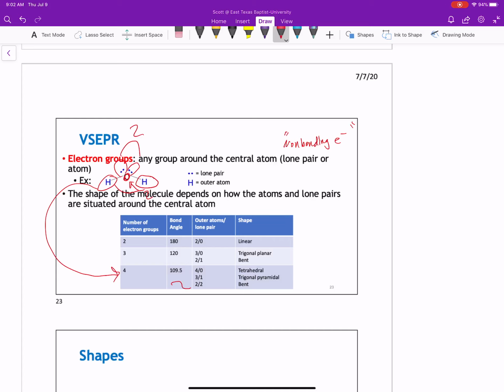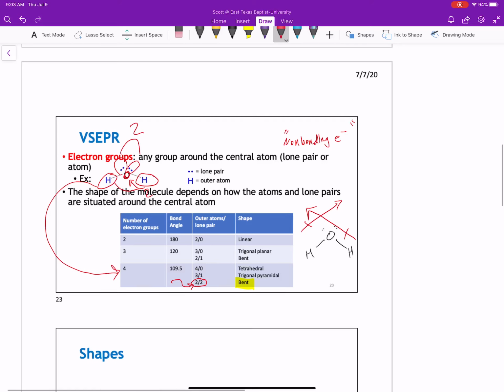So we're looking at 2 outer atoms, those 2 H's, about that central atom, and 2 lone pairs. So the shape of this molecule is bent. Water is considered a bent molecule, and that's the reason why it's considered a polar molecule, because these are polar bonds, but they don't cancel each other out because of the bent shape of the water molecule.